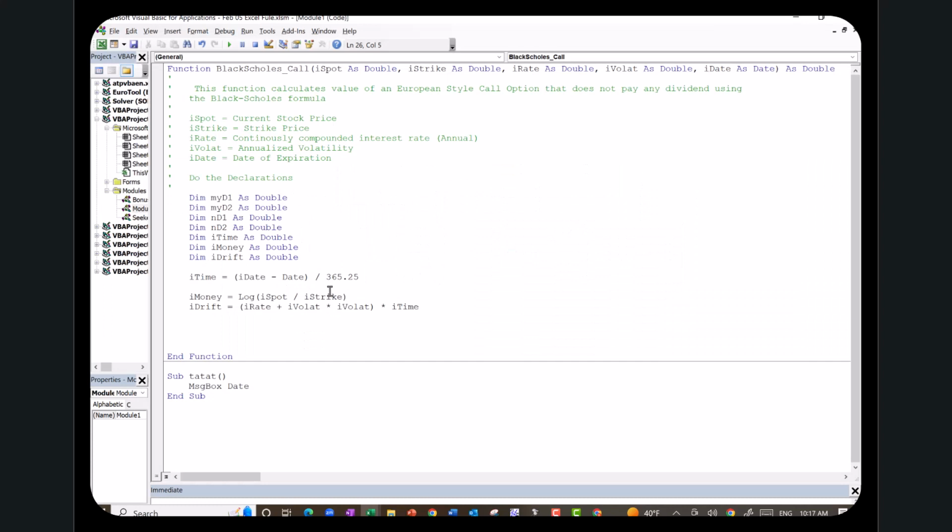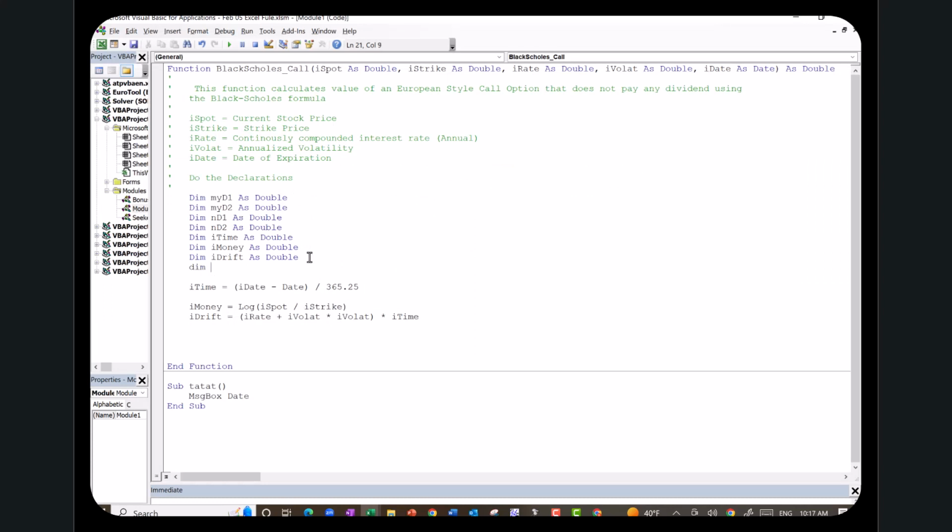Did we give a name for that? Let's call that dim. I'm going to call that pVolat as double. That's basically volatility for the period. You know, the sigma that we input is the volatility for a year. But if this is a 3-month option, volatility is going to be the square root of that.